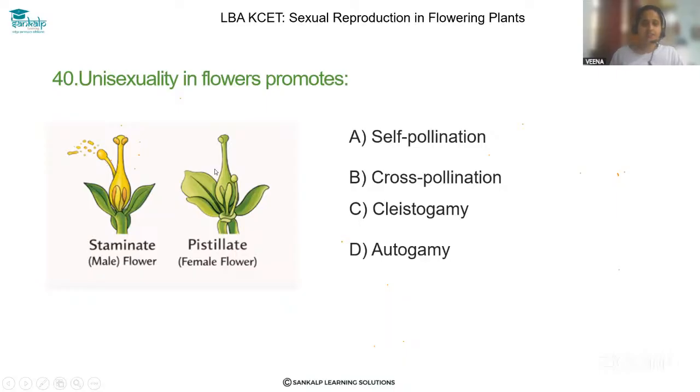And if the flower has only the stigma, only the female part, it has to receive pollen grains from another flower. So there is no chance of self pollination. So it is promoting cross pollination and preventing self pollination. The final correct answer is B, cross pollination.